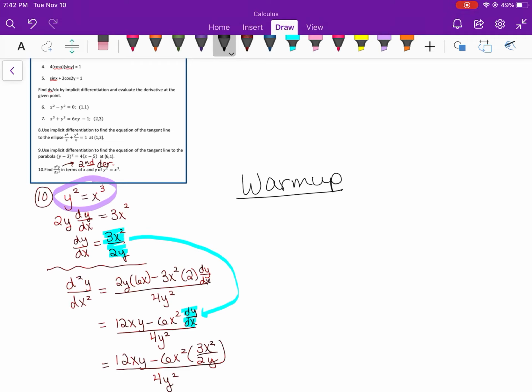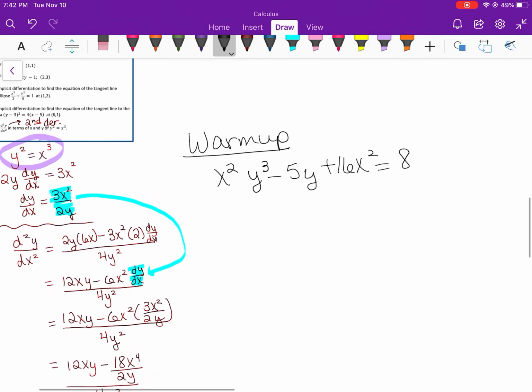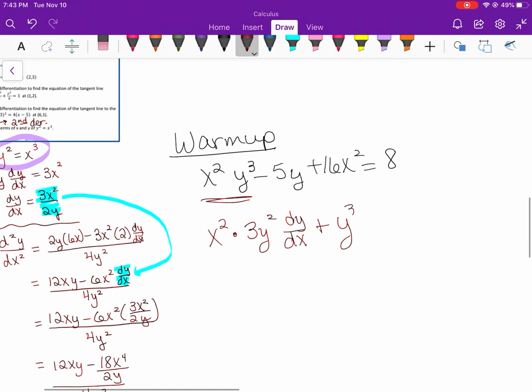So today we did this one for a warm-up. And so we start off here with this right here, and that's the product rule again. So x squared times the derivative of y to the third, so 3y squared, back it up with dy dx, plus y to the third times the derivative of x squared.